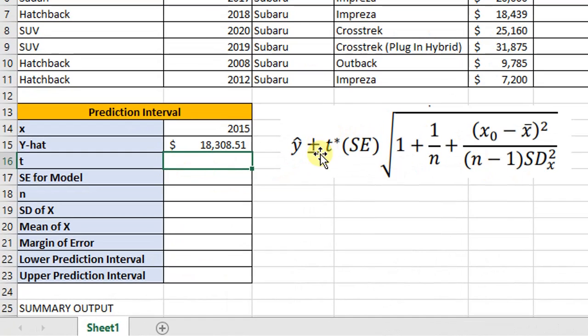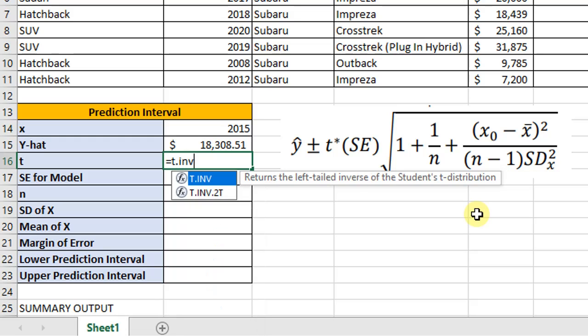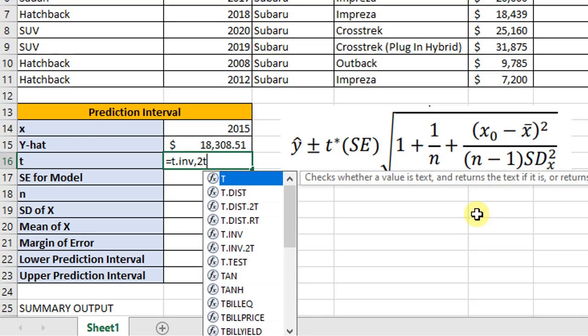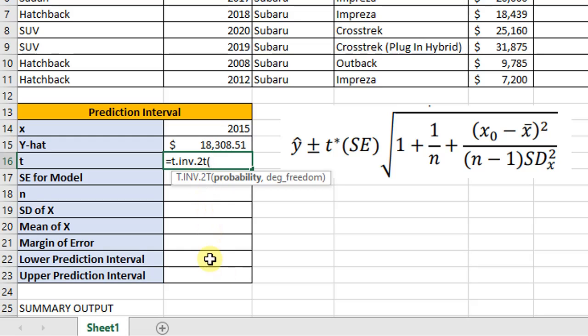Now, how to find t. We'll type in equals T.INV.2T, the two-sided T.INV.2T, and open parentheses. It's two tails because we have both the lower and upper side of the prediction interval.